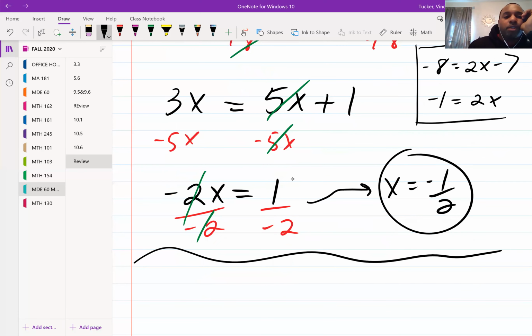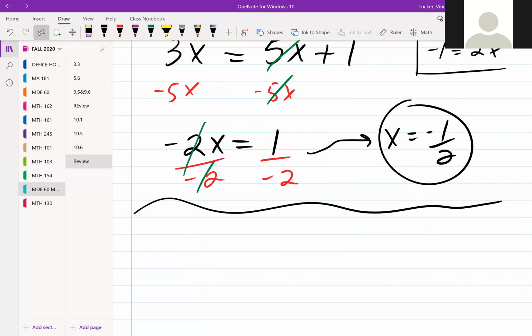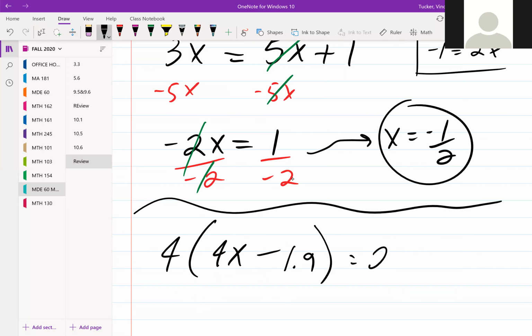All right. So what's your next one? The next one is 4 parentheses 4x minus 1.9. Sorry, minus 1.9, parentheses, equals 2x minus 7.6.